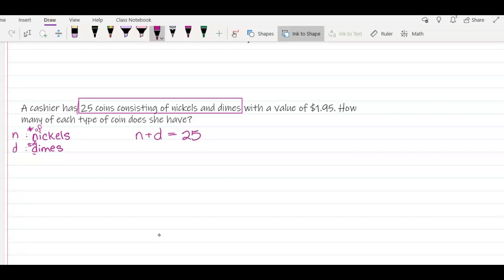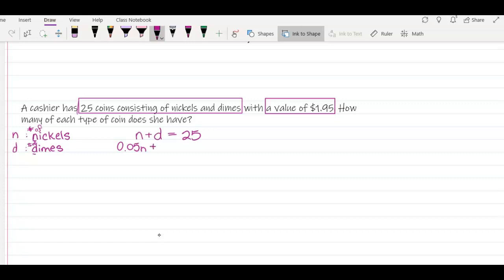Then I have this little bit of information, a value of $1.95. Well, think about how you find the value of the money in your pile. You take how much a nickel is, which is 0.05, and you multiply it by the number of nickels.